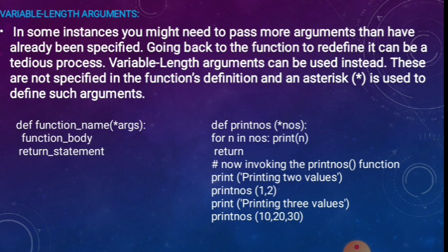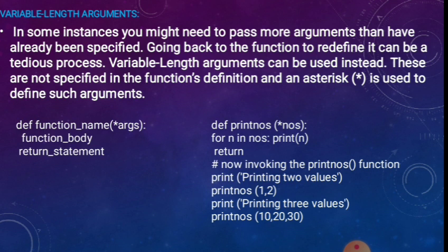Suppose you created a function with one parameter, and at the same time your program needs to pass more than one value. What is the solution? You need not go back and recreate the function. You just use only one thing, the asterisk symbol in the parameter. That is enough. That means the compiler knows that the program is going to pass one value or more than one value sequentially.